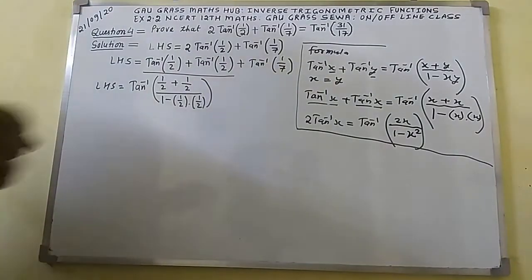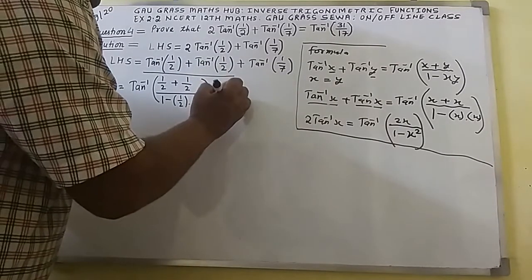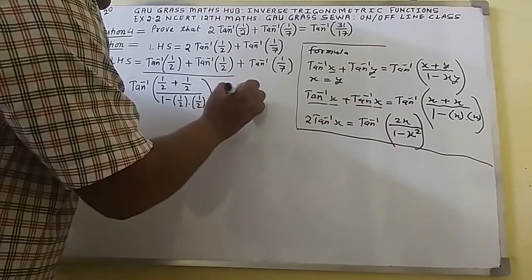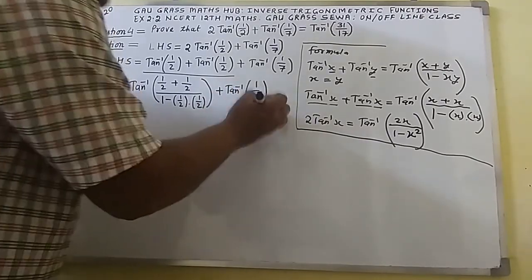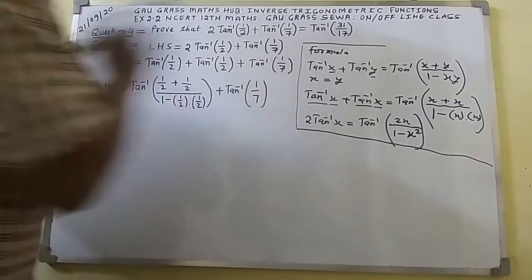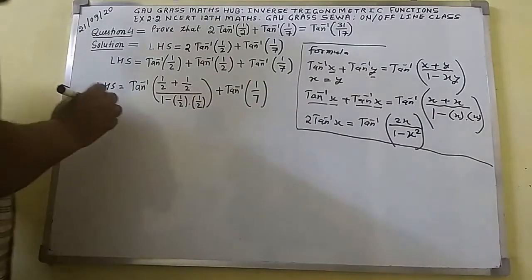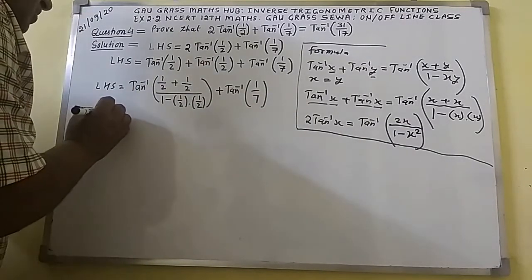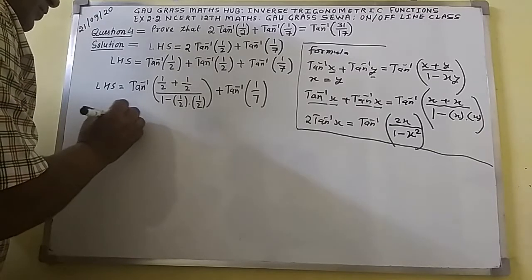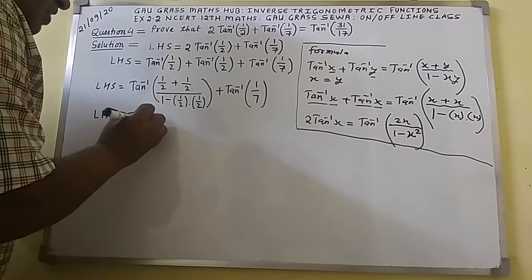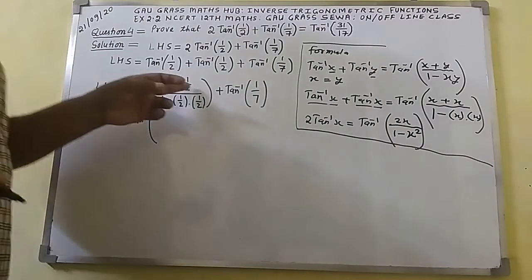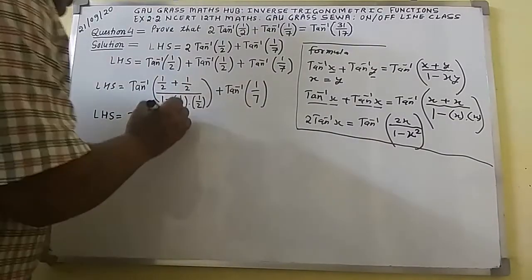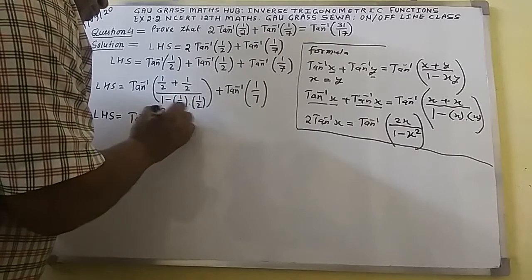Like this you can write plus tan inverse 1 over 7 can be written. Now simplify further, you will get LHS equal to tan inverse in bracket 1 over 2 plus 1 over 2 comes out to 2 over 2.